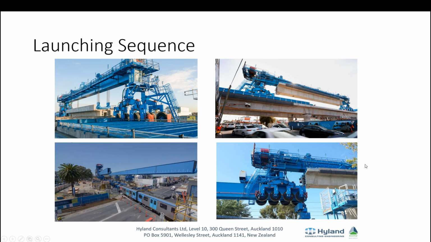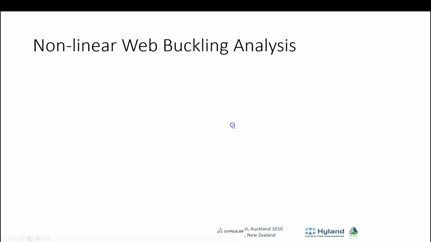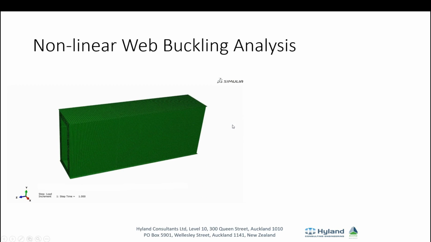Okay, so quite a few challenges doing this design verification, and one of the ones that came up was using AS 5100.6, which was the standard we were reviewing the design against.